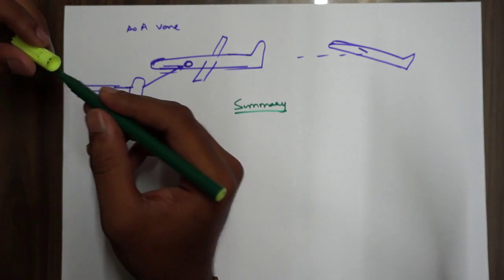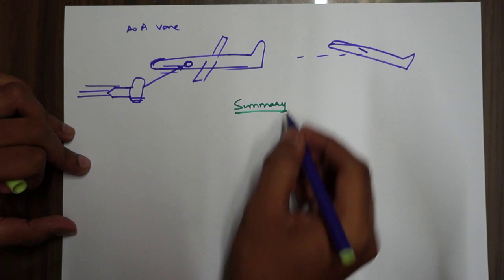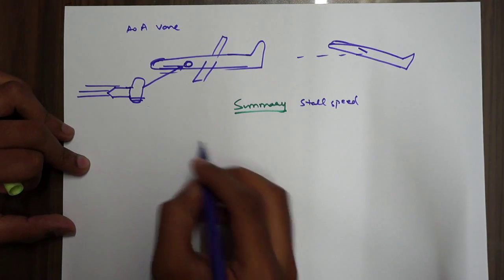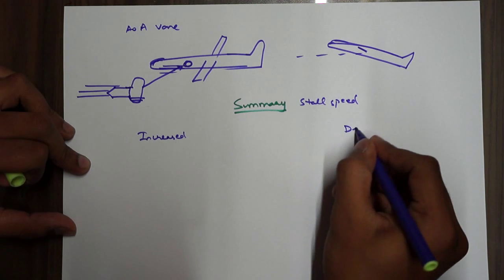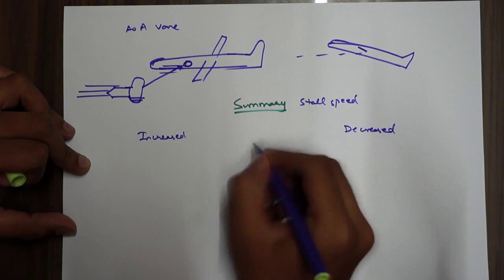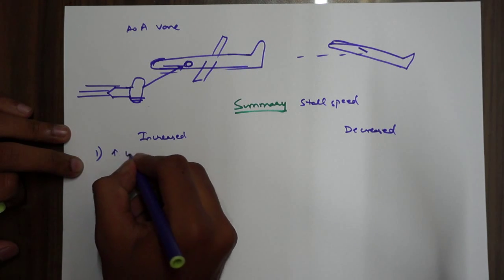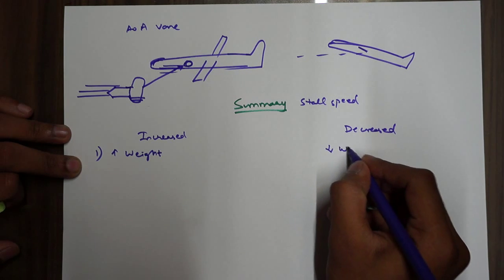Alright, I think I'm losing my sketches. So, summary for stall speed. When is stall speed increased? When is it decreased? I am splitting this into two. Stall speed will increase with increase in weight, and it will decrease with decrease in weight.